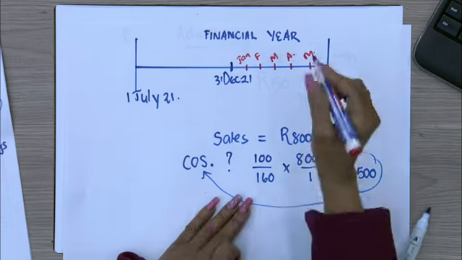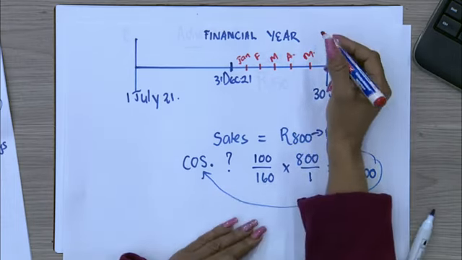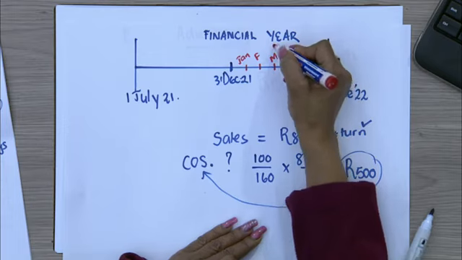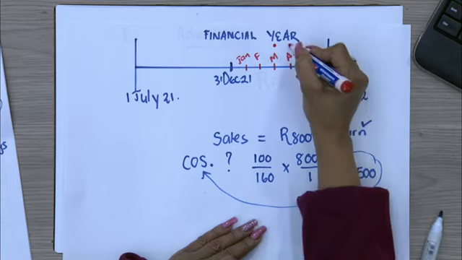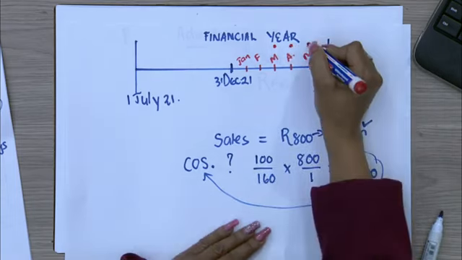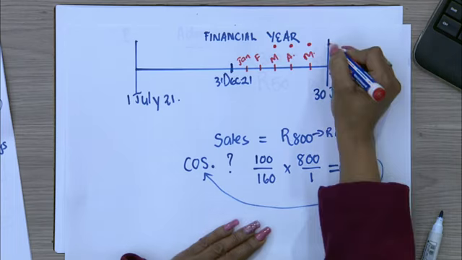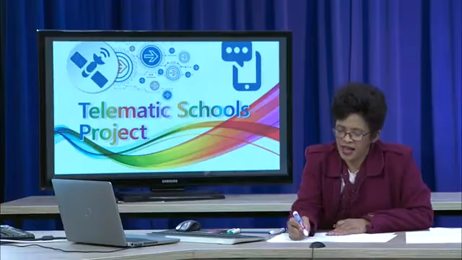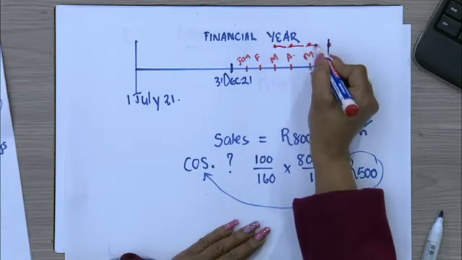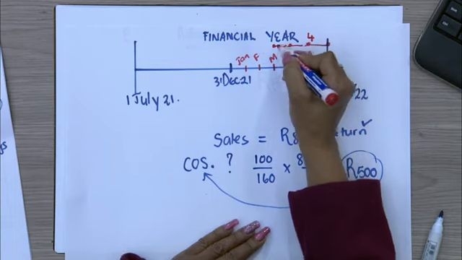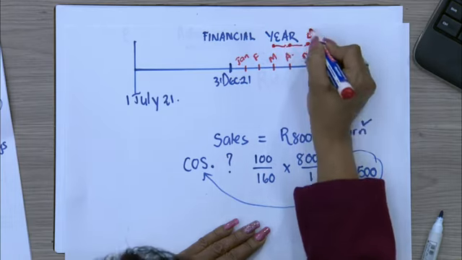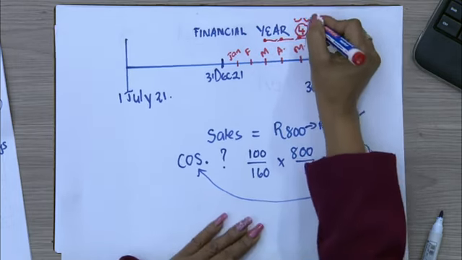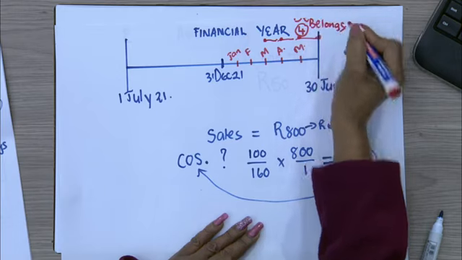So, if I can recall, it was clearly indicated that it was paid on the 1st of March. So March belongs to my year, April belongs to my year, May belongs to my year, as well as June, which tells me of that 6 months, 4 of them belong to the year. 1, 2, 3, 4. So 4 months belong, and what can you tell me about the other 2?